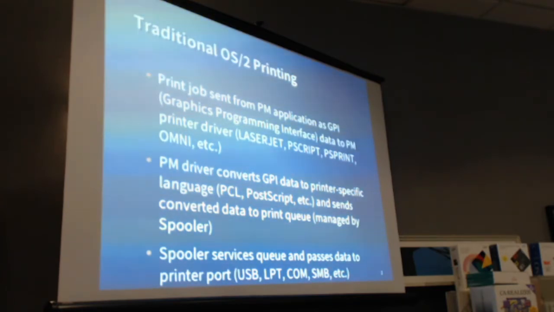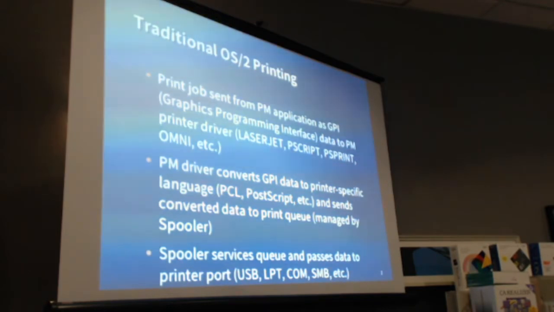That information is in the print driver, not in the print job generally, although some more intelligent applications can add some data to the GPI data for a number of copies and whatnot. So you can set the number of copies at the print job level or from the application.